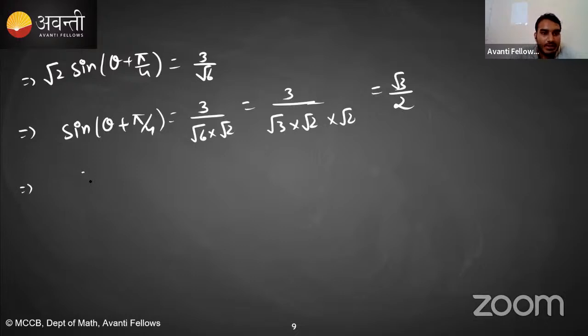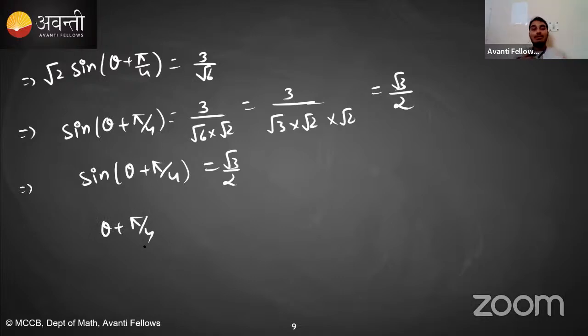It implies sin of theta plus pi by 4 is nothing but √3 by 2. So theta plus pi by 4 can be in the first quadrant or in the second quadrant. So theta plus pi by 4 can be pi by 3, or theta plus pi by 4 can be 2 pi by 3, right? Pi by 3 or 2 pi by 3.